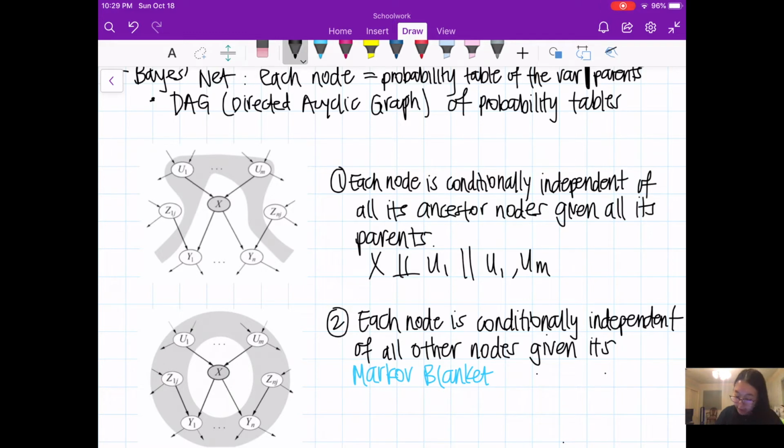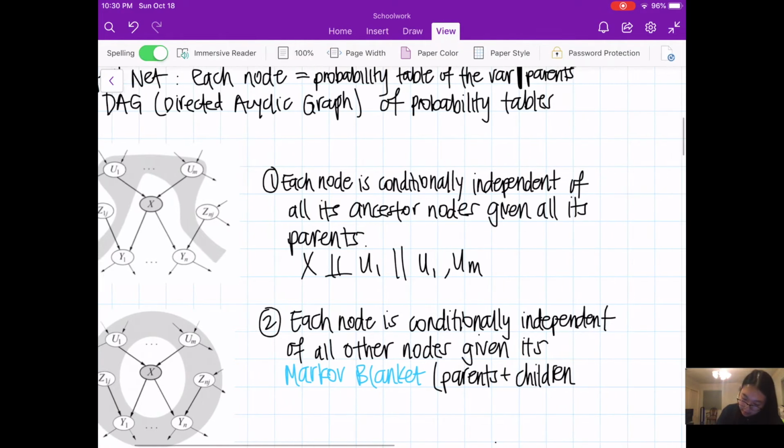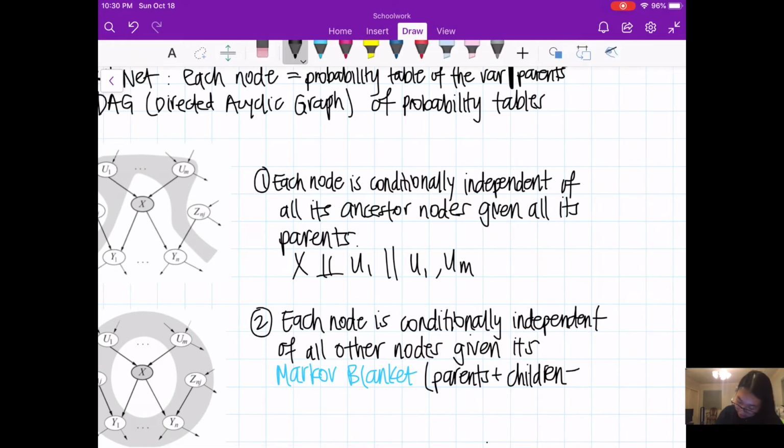And a Markov blanket will essentially consist of the parents plus the children plus the children's other parents.